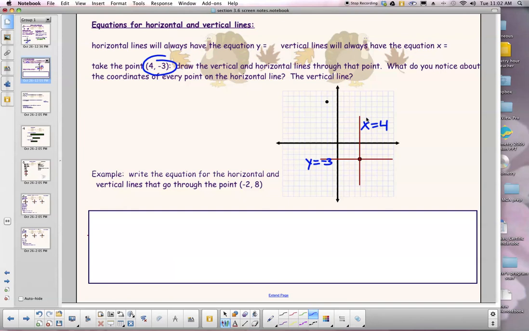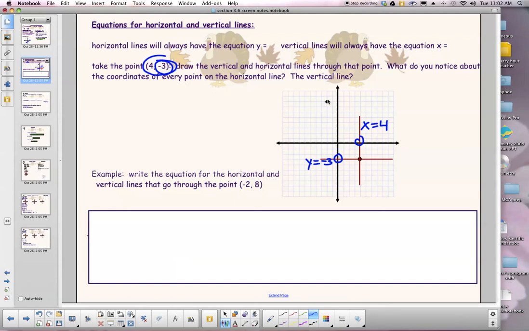So that's another way we could get x equals 4 for the vertical line. And my y-intercept there is -3. So every point on there will cross the y-axis at -3, and so my equation would be y equals -3. So you can get them by graphing them and looking at where specifically they cross each axis, or you can get them from the coordinates of the point itself.